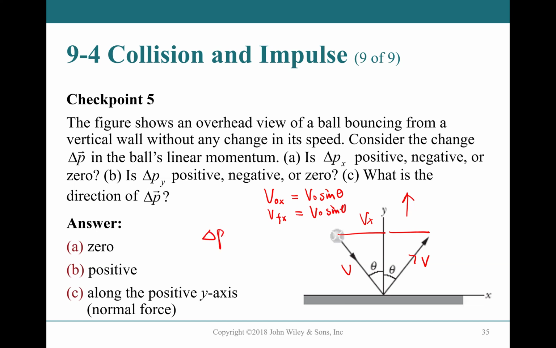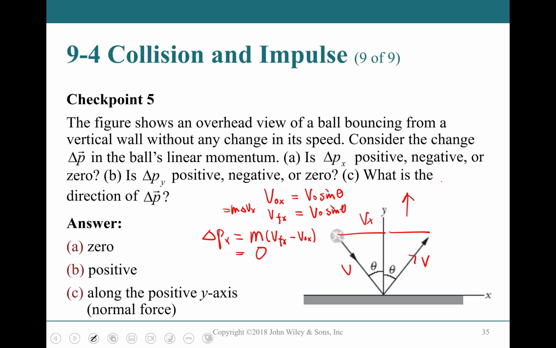So delta Px will be equal to m times V final x minus V initial x, which is m delta Vx. So this is 0, so no change for x.